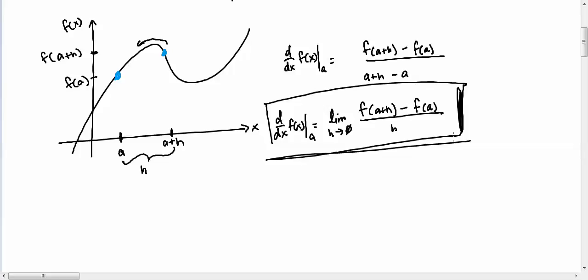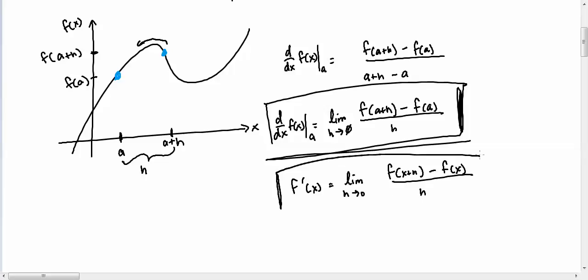They write f prime of x is equal to the limit as h goes to 0 of f of x plus h minus f of x, all divided by h. All they did differently from how I wrote it is put an x instead of an a. But it's the same thing.